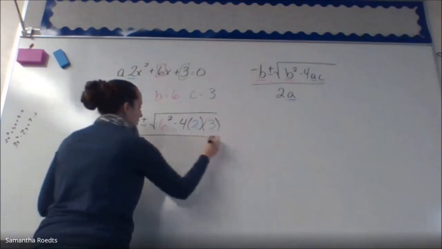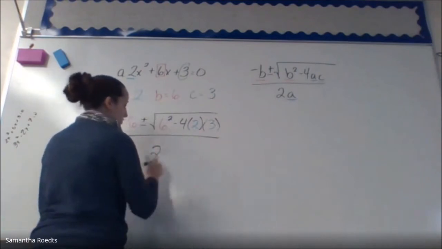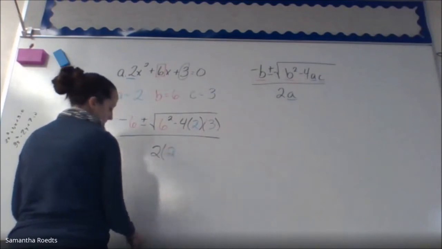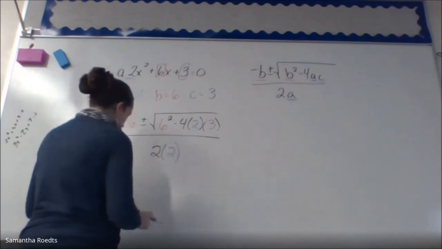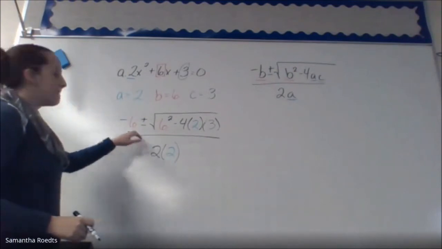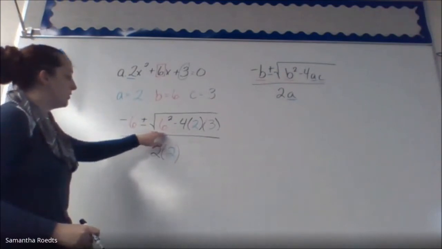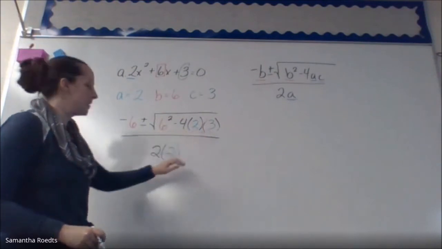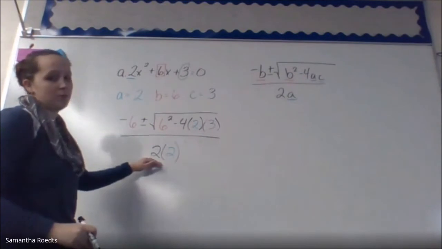That's all over 2a. Okay, so when I substitute everything in, I get negative 6 plus or minus the square root of 6 squared minus 4 times 2 times 3, and I'm dividing it by 2 times 2.